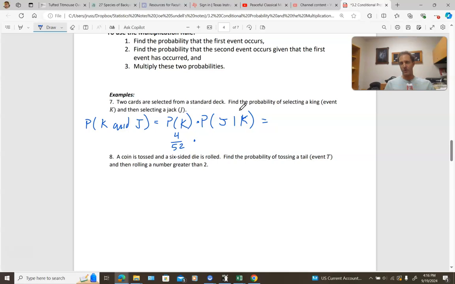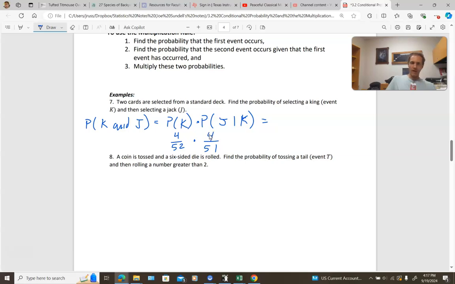This goes back to what we saw in the first part of this section. So if the king has already been drawn, then there are only 51 cards left. So again, the sample space is getting reduced here in a sense. So now there's only 51 cards left, but there are still 4 jacks.